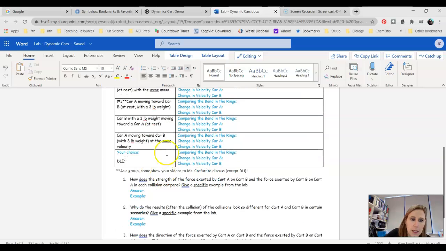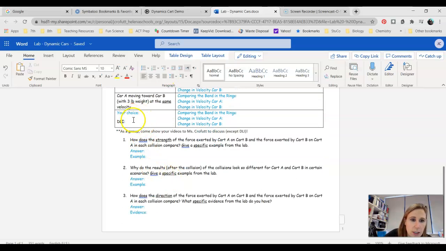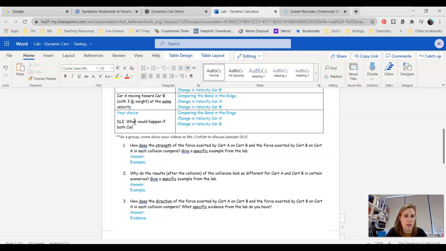Pretty simple. Again, pause that video as much as you need, and then you will answer these 2 questions. DLI students and any absent kids, you have this one right here. You can make a prediction and put on there what would happen if both cart A and B had a weight.